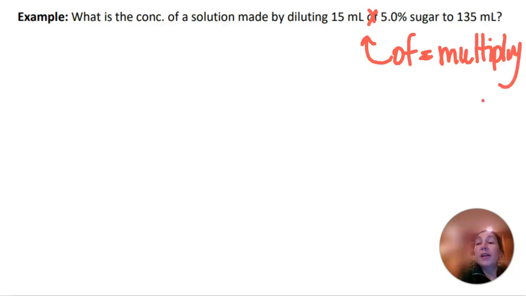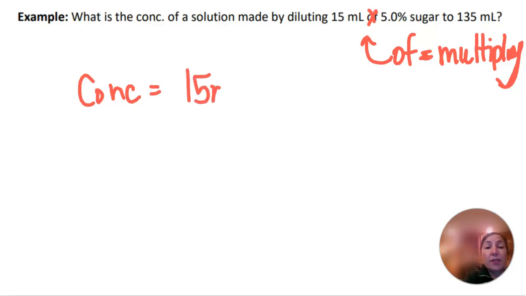So if we're asking you, what is the concentration of a solution made by diluting 15 milliliters of 5% sugar to 135 milliliters, we mean to find that concentration.